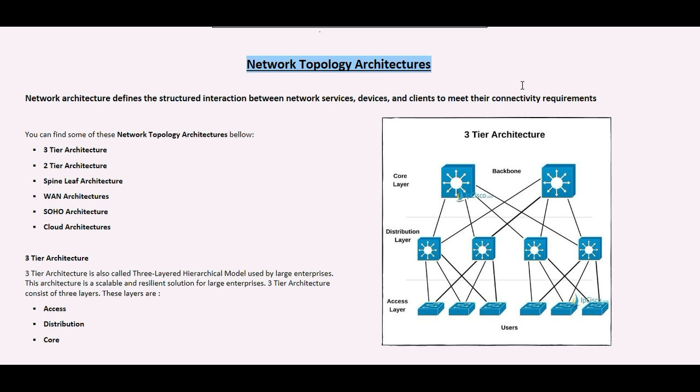If we have more than two computers or more than two devices and want to create a network, then we require a centralized device, that is a switch. We can also use a hub, but due to some restrictions or drawbacks, as we discussed in the last classes, we are not using the hub. So now today we will discuss the network topology architecture.